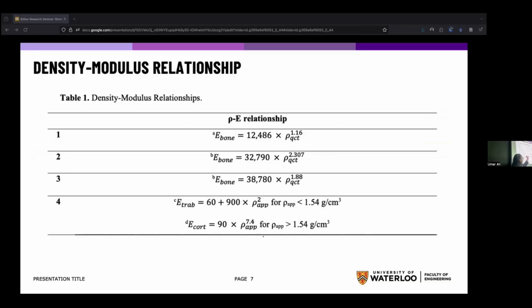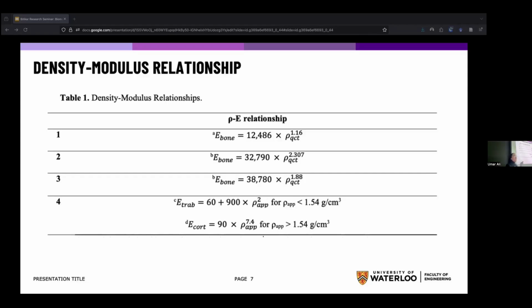If you think about it, there's more cortical bone than there is trabecular bone, so they considered only the greater density. That's why the P here is the density, and we can see that the exponents are much higher. That's because they're considering a higher density and a higher modulus. So because we're overestimating it, we have such a great percentage error.